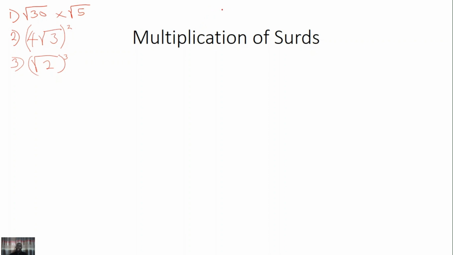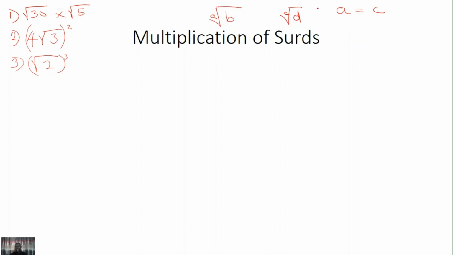For example, if you have two expressions in which you have a-th root of b and another expression in which you have c-th root of d, for you to be able to multiply this, all that needs to happen is that a must be equals to c, meaning that if this is a square root, these two must be square roots. And with that, you will be able to multiply the numbers that they contain.